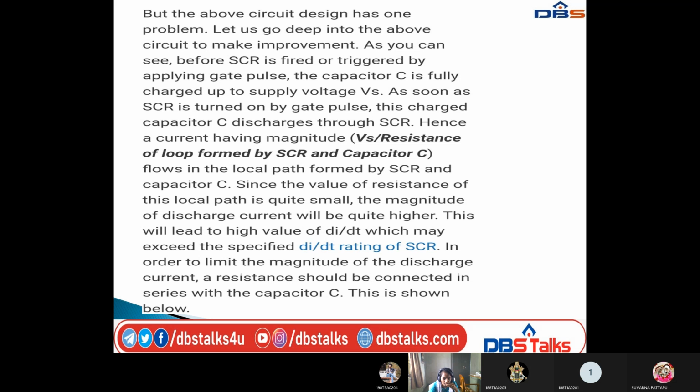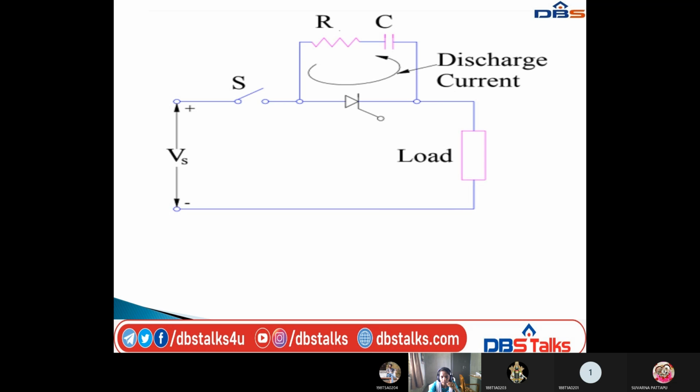So, in order to limit the magnitude of the discharging current, a resistance should be connected in series with the capacitor. So we have limited the discharging current and the di/dt rating. Okay.